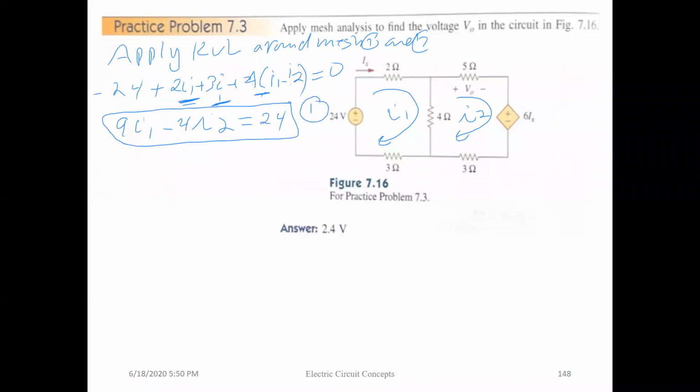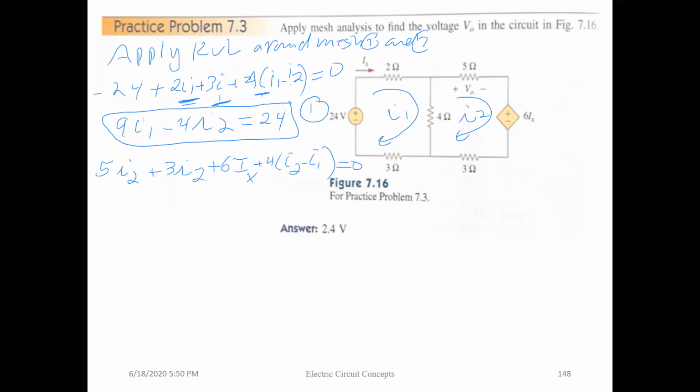Now to do the second loop, let's start with the 5, so it will be 5i2 plus 3i2 plus 6ix, okay, and then plus 4i2 minus i1 equals to 0.